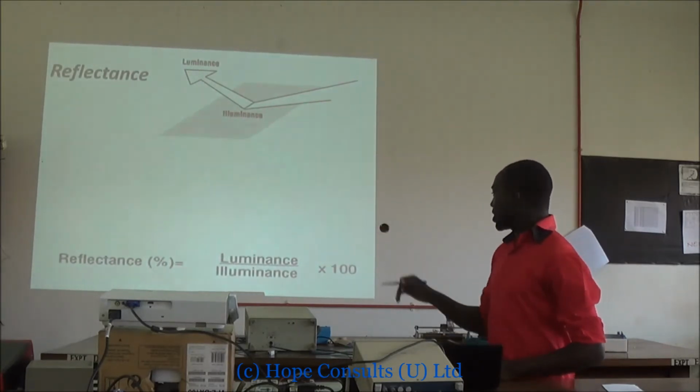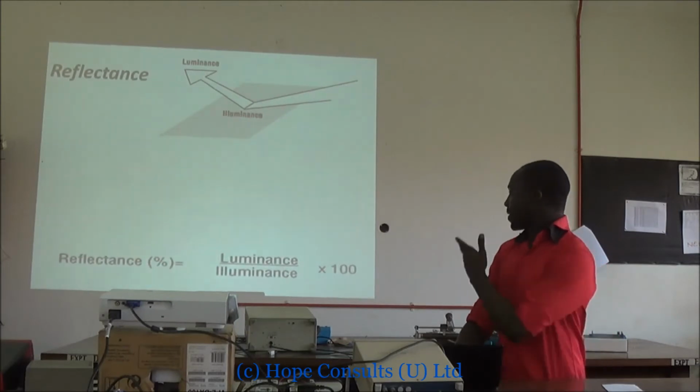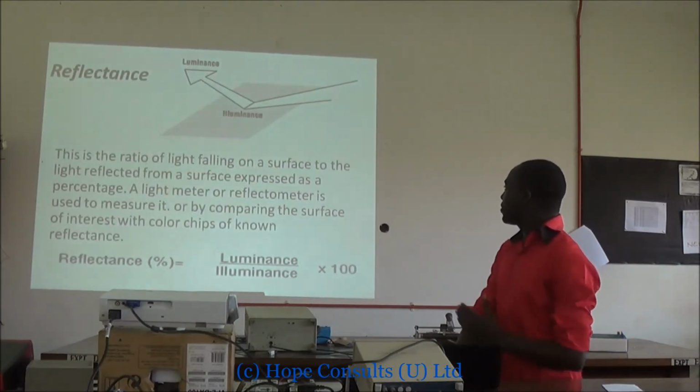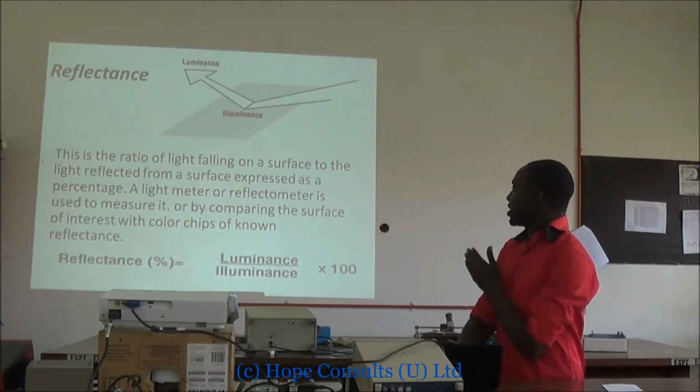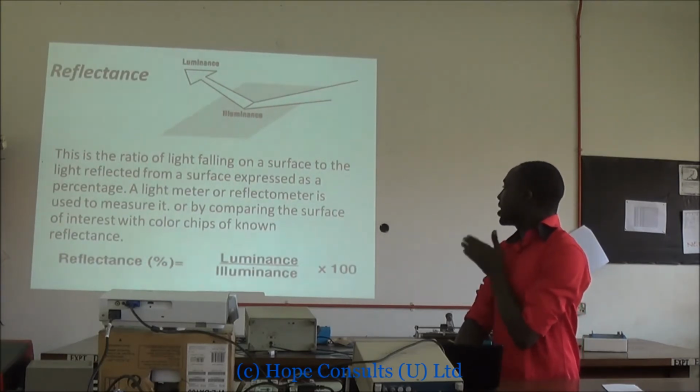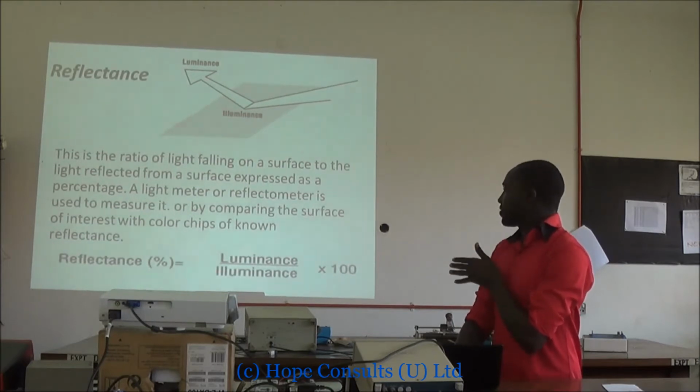Then you put that in the formula and you have the reflectance. So it's the ratio of the light reflecting from the surface to the light falling on the surface, expressed as a percentage. The light meter for reflection is used to measure it, or by comparing the surface of interest with color chips of known reflectance.